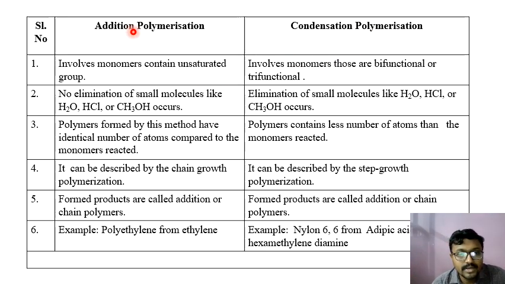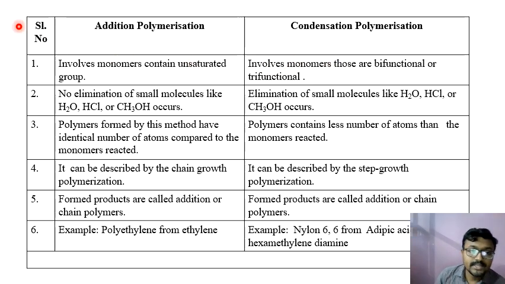In addition polymerization, the involved monomer contains an unsaturated group, meaning a double bond or triple bond. In condensation polymerization, the involved monomer unit must be bifunctional or trifunctional, meaning it will have groups like two COOH groups or two NH2 groups.